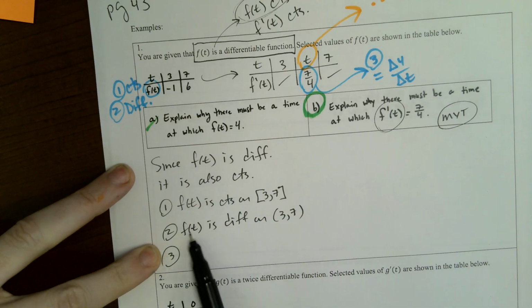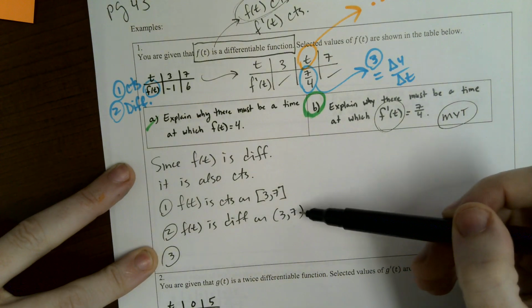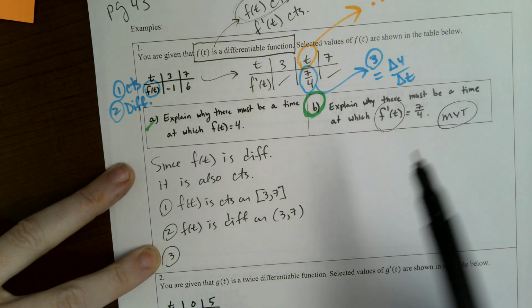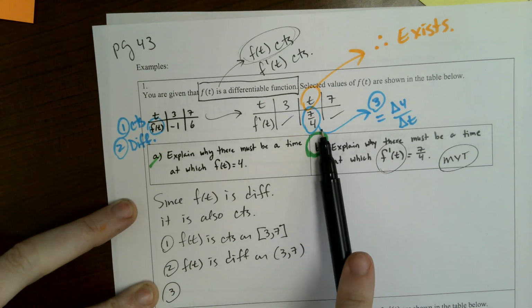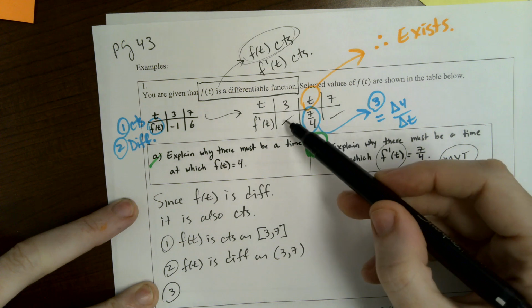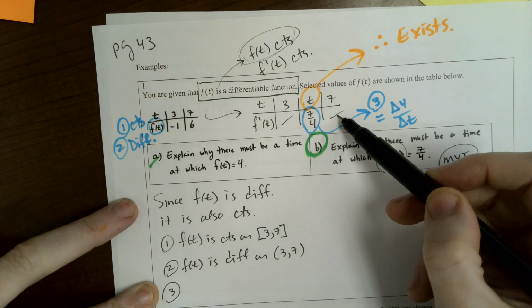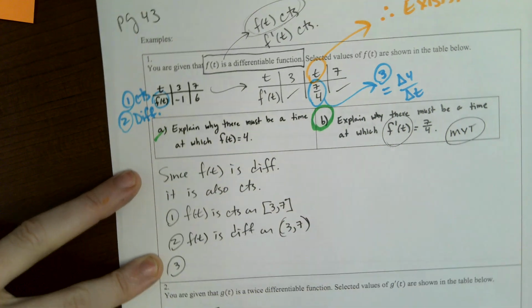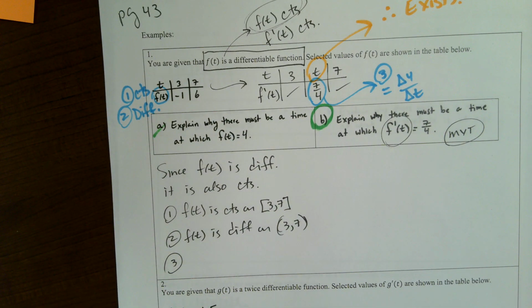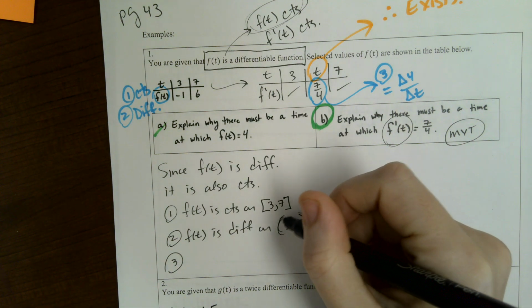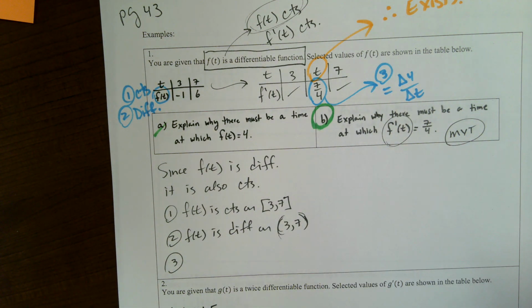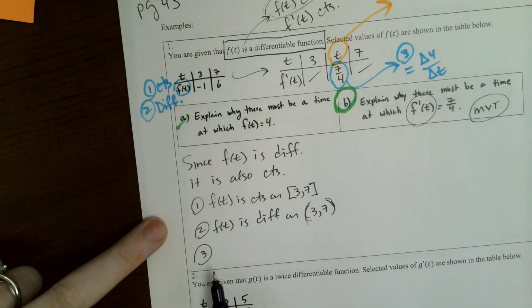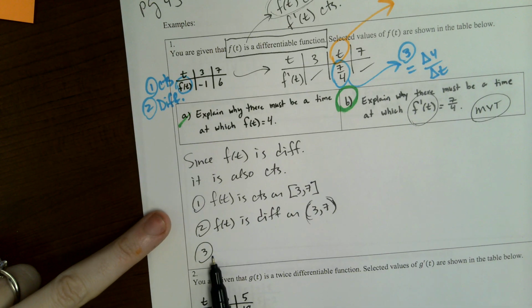And guys, a good way of remembering that this is a closed interval and this is an open one is that if you look at our derivative table, I just put slashes under the endpoints, so it doesn't matter. Differentiability at the endpoints, the derivative existing at the endpoints, does not matter. That's why these are soft parentheses.